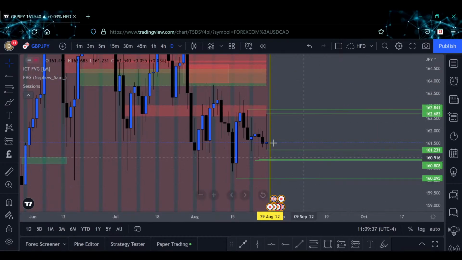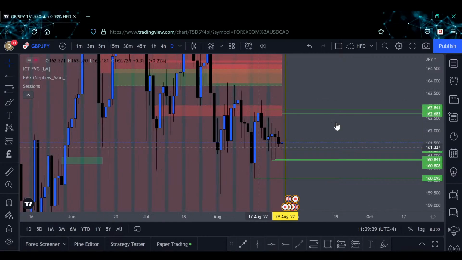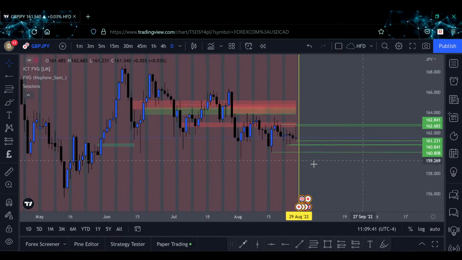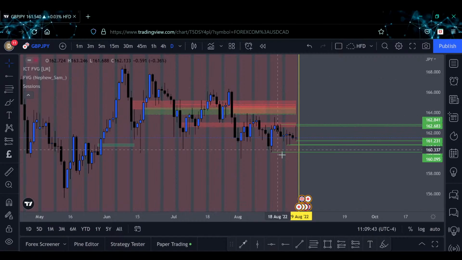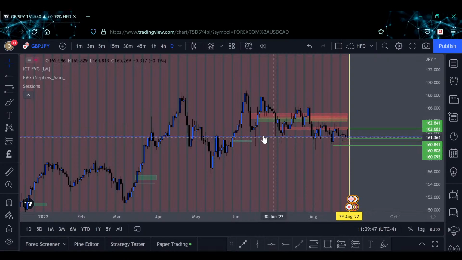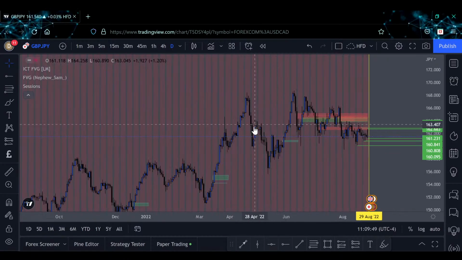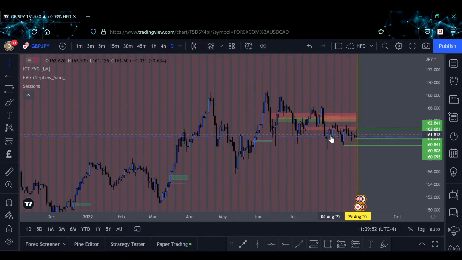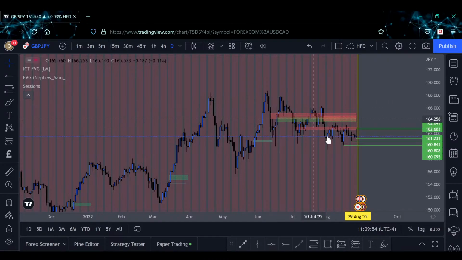On a higher time frame, you're bearish. You're in a downtrend. You're kind of just consolidating sideways, but it's primarily in a downtrend here.